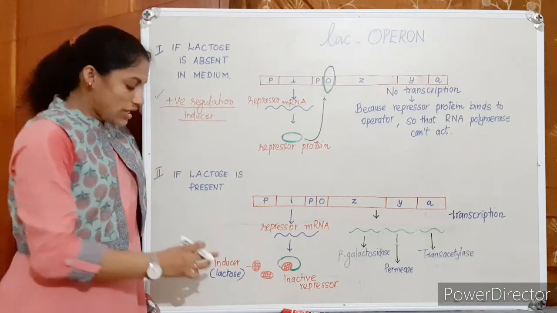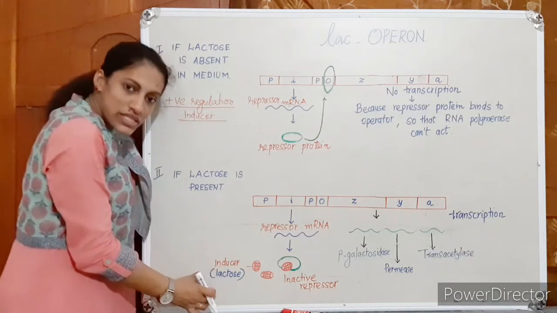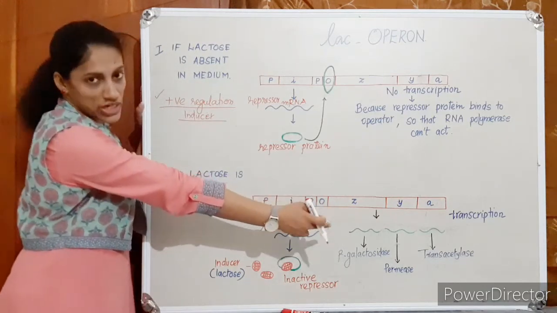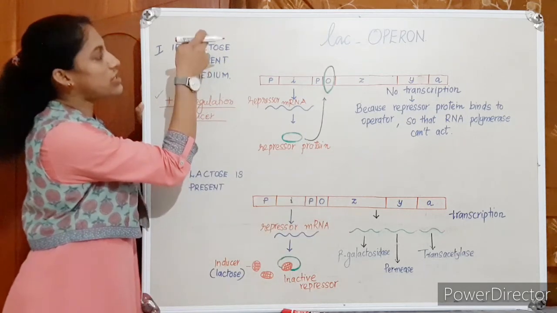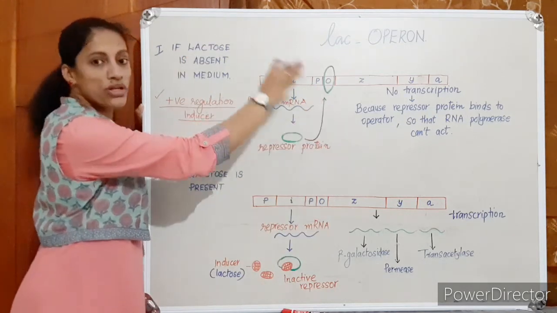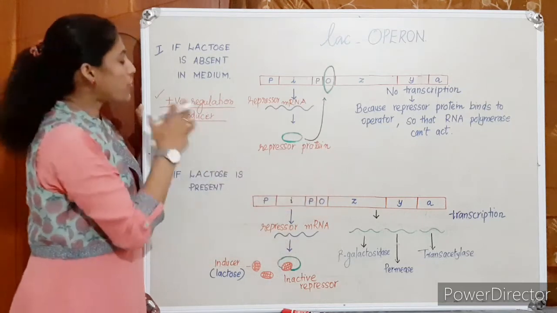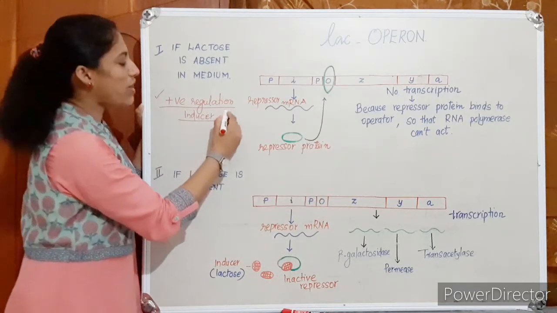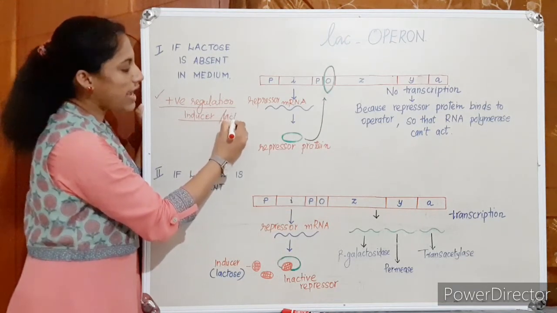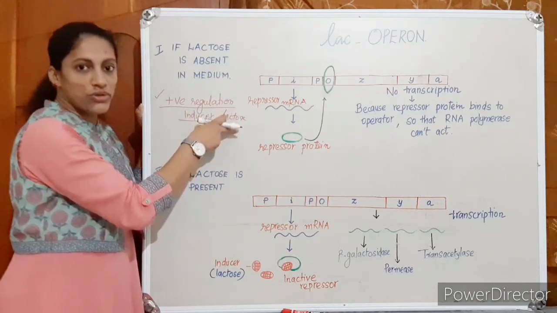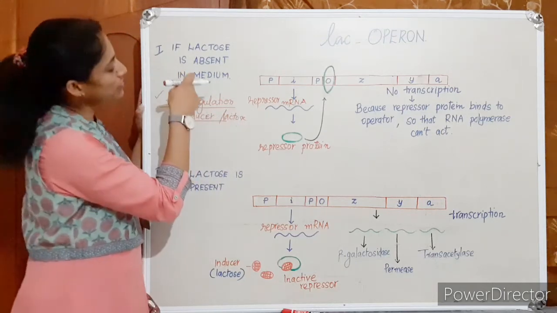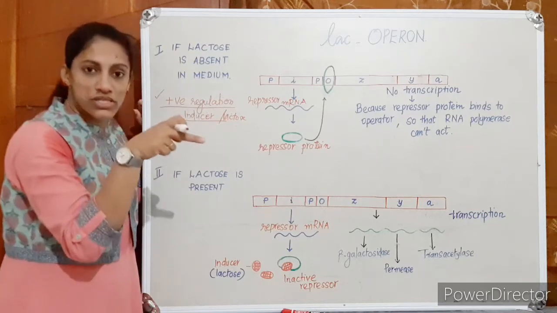What do you mean? If the inducer molecule is present, the lac operon functions. If the inducer molecule is absent, the lac operon stops functioning. So in terms of the inducer molecule, what is the inducer molecule here? Lactose. In terms of lactose, the inducer molecule, the lac operon shows positive regulation.